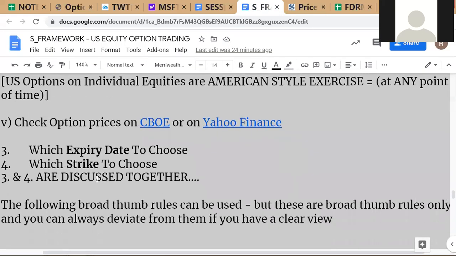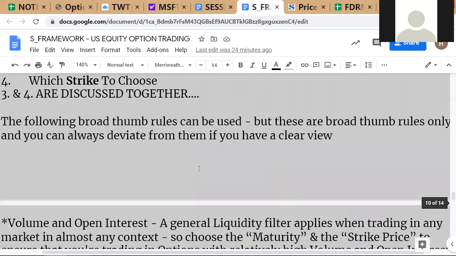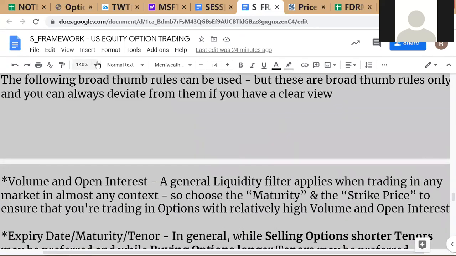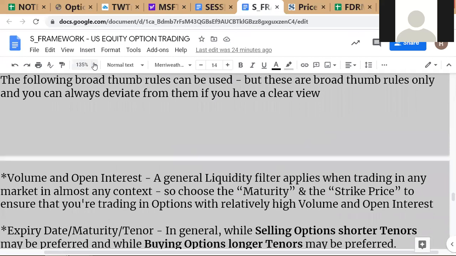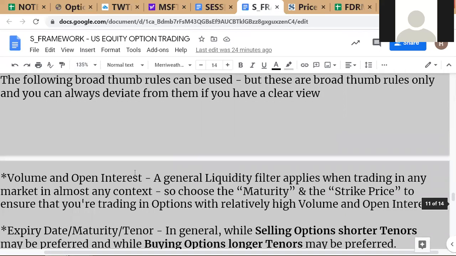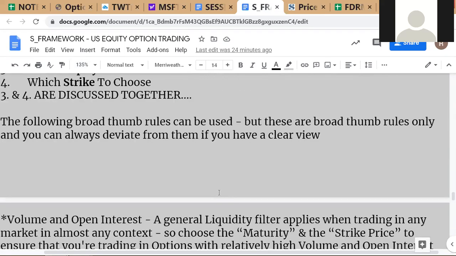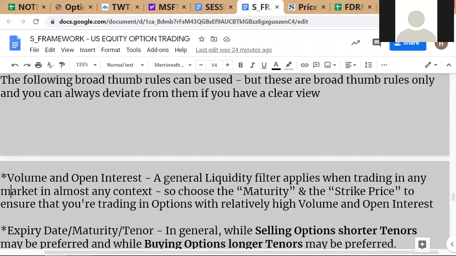So we're going to discuss how to choose the strike. As far as the choice of strike is concerned, it's also partly related to expiry date, but for expiry date, you go with what we have given.